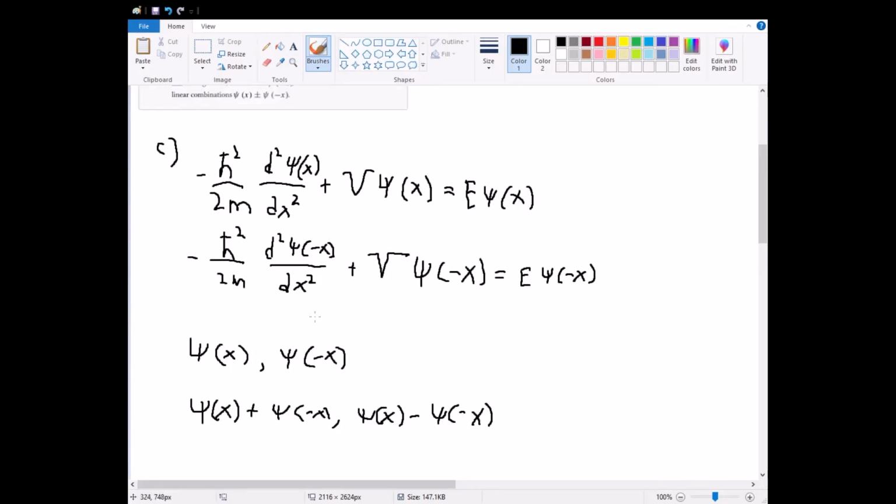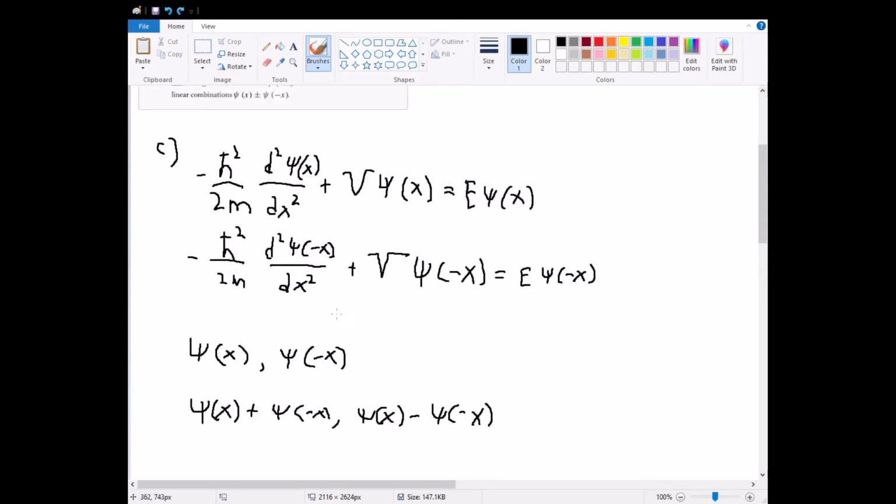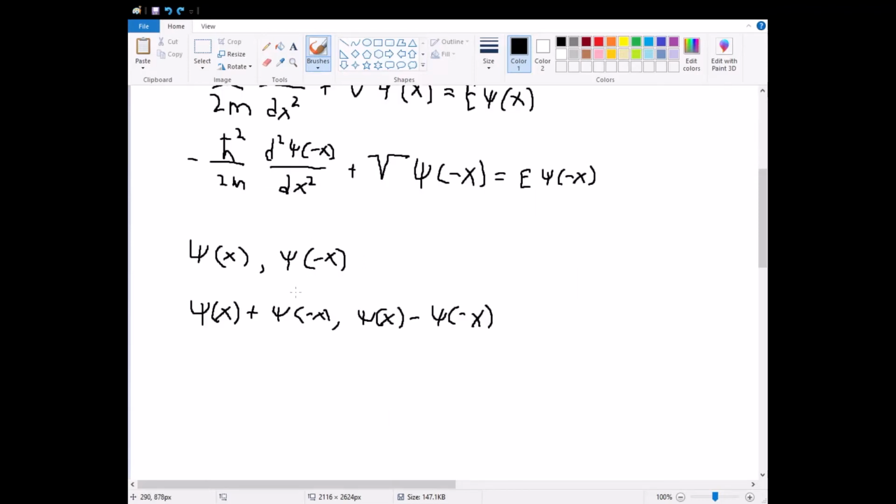We've already proven this in part B. We've proven that given two valid solutions, psi of x and psi of negative x, or in the other case, psi normal and psi star, we can write their sums and differences as also equally valid solutions to this time-independent wave function. So, evidently, from this point, we've pretty much solved it, because this function is even.